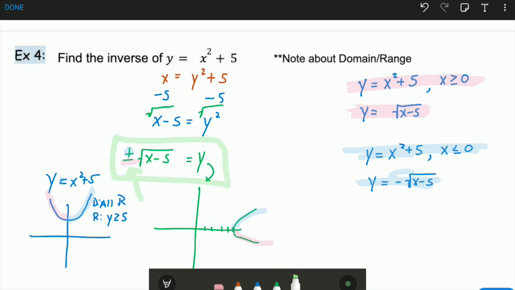I have no clue where that paused, so I'm just going to say that again. But this highlighted in green is the answer for the question that we're given. But we did discuss the different scenarios if we had a restricted version of the original equation, which might be used for things like calculus.